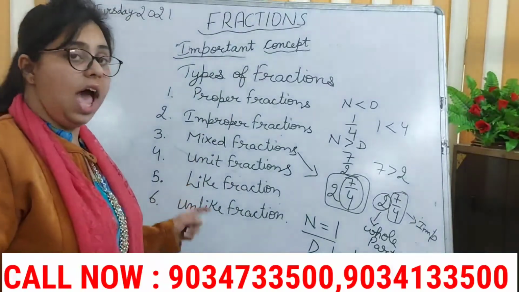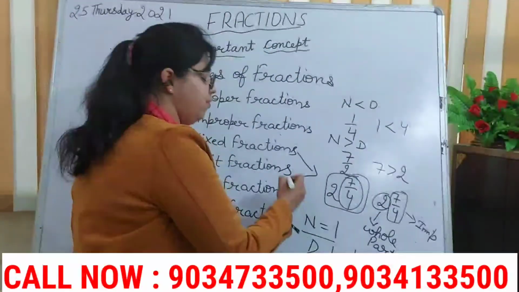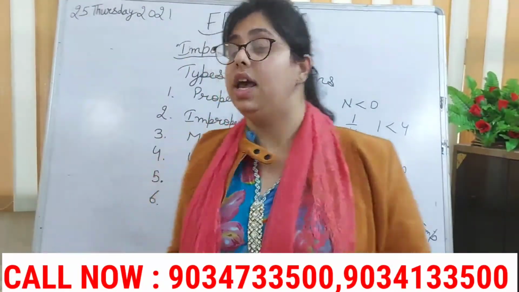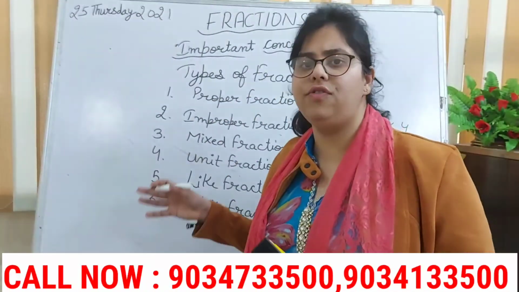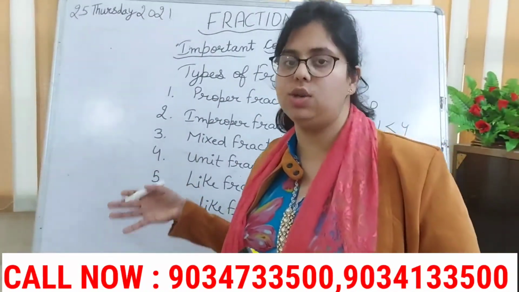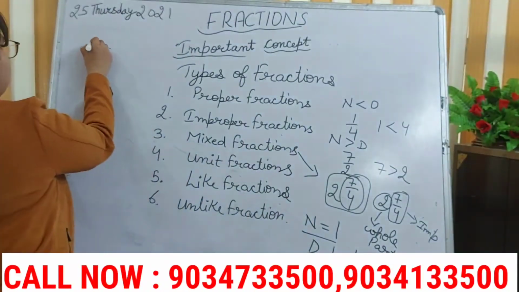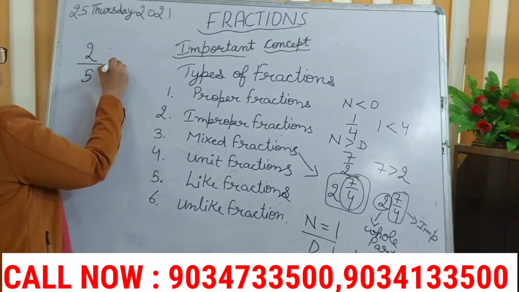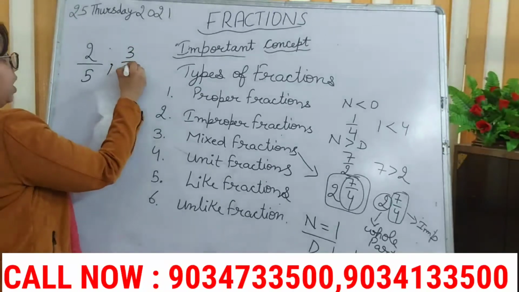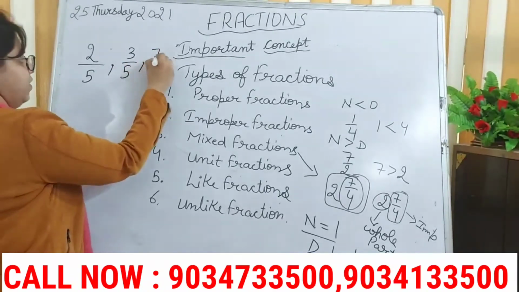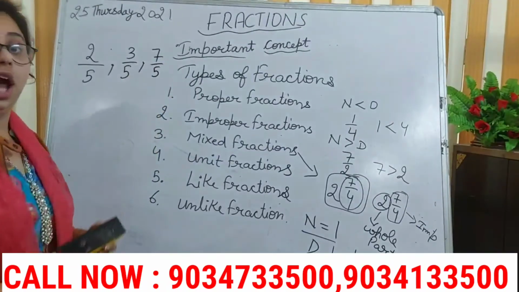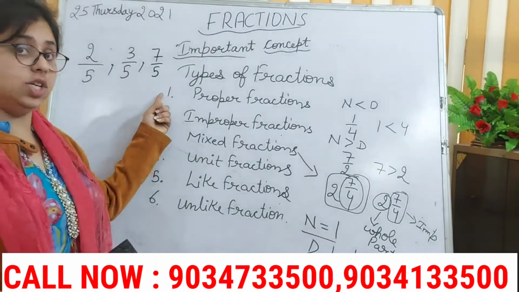Next is like fractions. Like fractions, we can compare between 2 fractions, 3 fractions, 4 fractions or many more. I write here some examples: 2 by 5, 3 by 5, 7 by 5. Now what do we observe in these fractions?